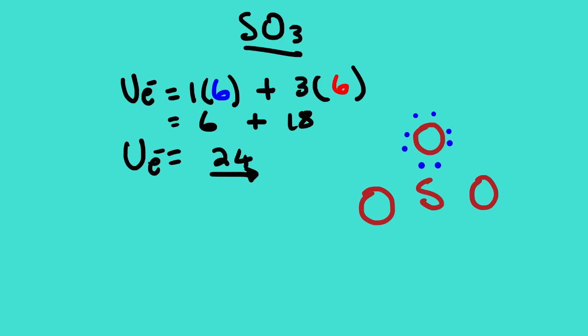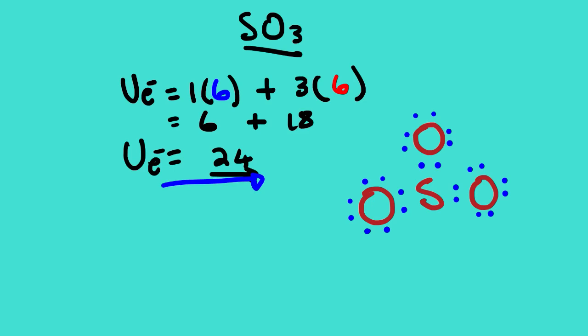Our oxygen has reached its octet state, so we have 8 electrons. We continue 9, 10, up to 24. So we are going to stop at 24 since we said our valence electrons is 24.